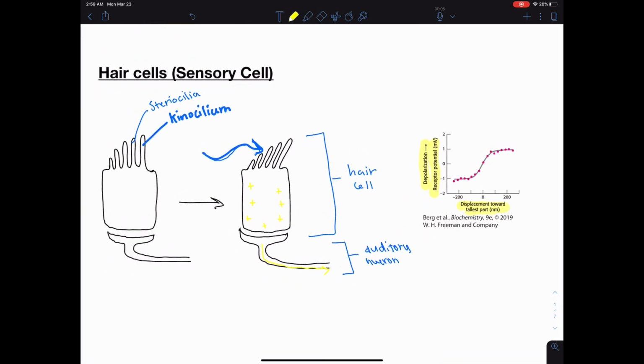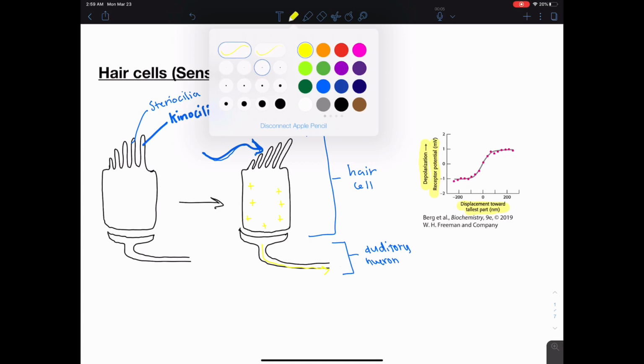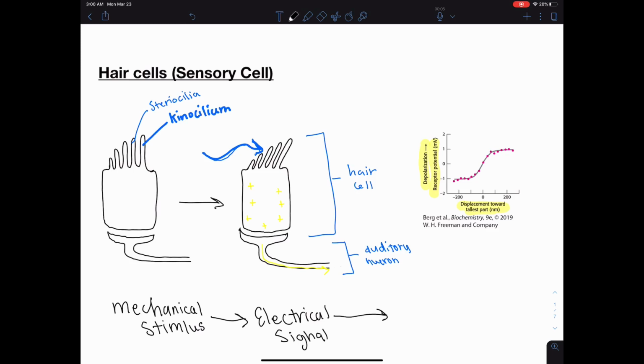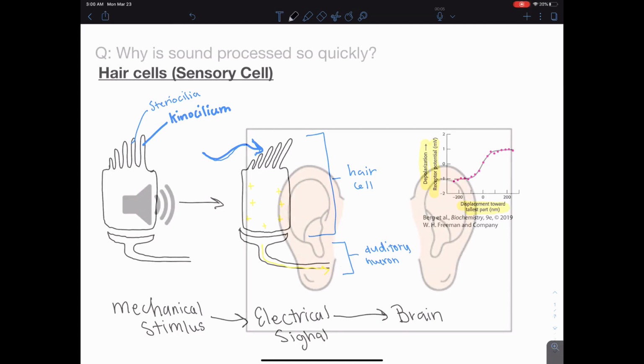So ultimately the mechanical stimulus gets converted into an electrical signal that then gets sent to the brain to be interpreted.